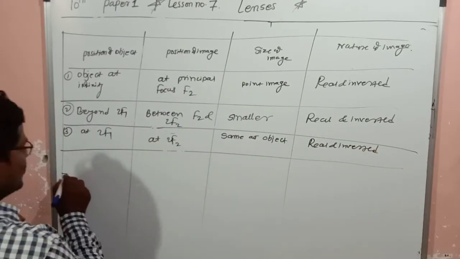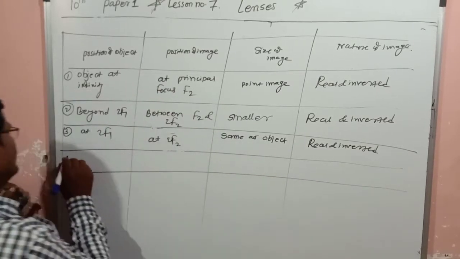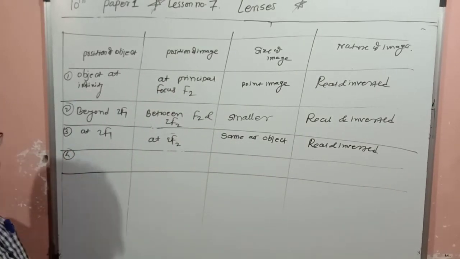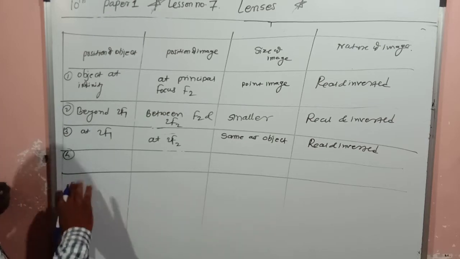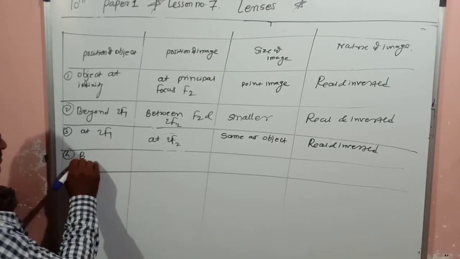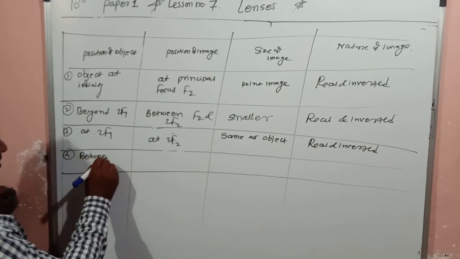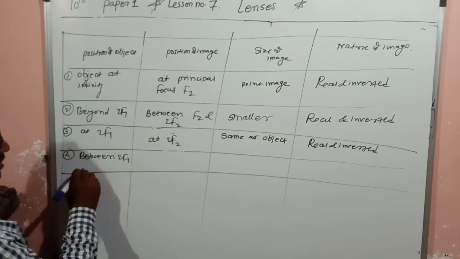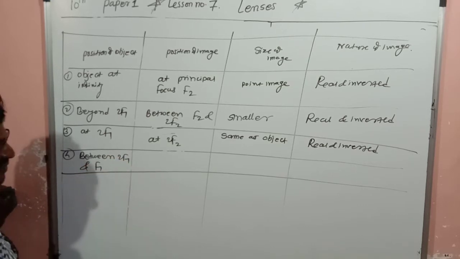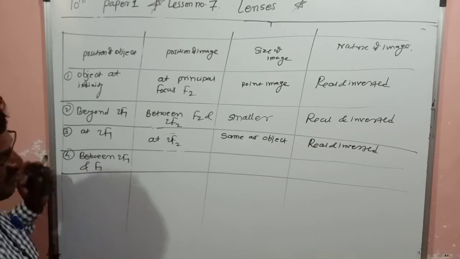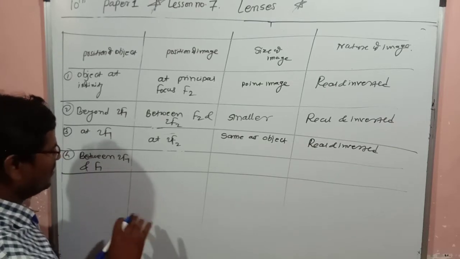Then the fourth position we are going to study. Already we have drawn the ray diagrams. So object will be between 2F1 and F1. So where will be the image?